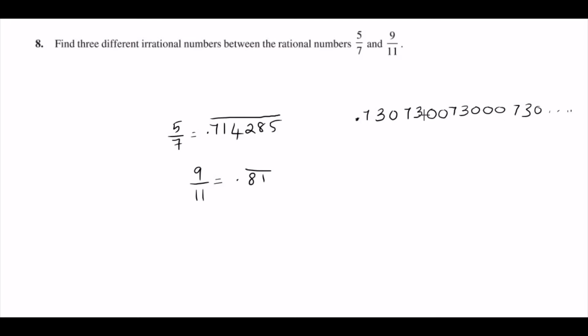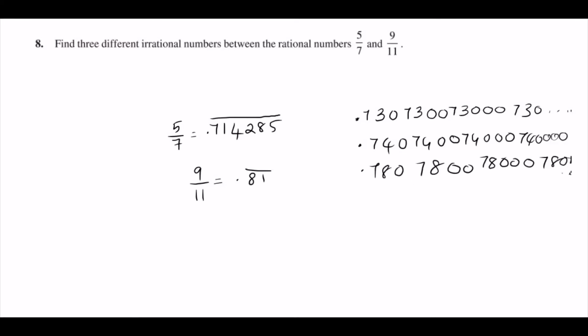All the numbers are different. Another example is 0.747400, and so on. That is, it should be non-terminating and non-repeating. You can give any number, 0.710, 0.71000 or any other number. So it's not a problem. Just write some example of non-terminating and non-repeating decimal expansions.